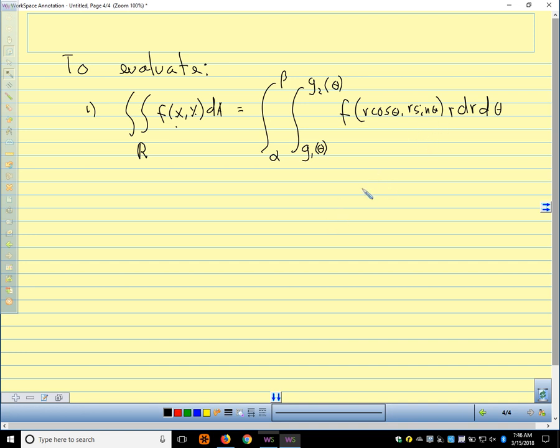And we call this a radially simple region. So that's going to be a region that looks like this. A radially simple region looks like this.